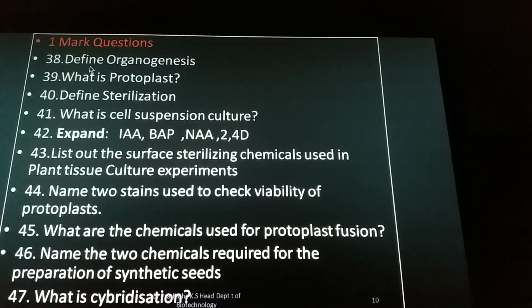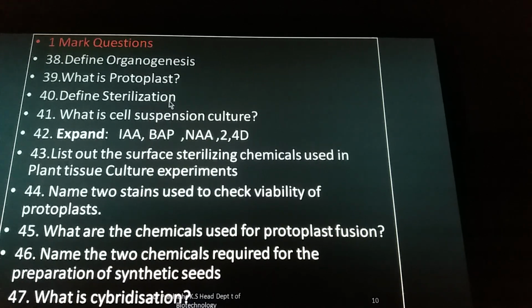38th question. Define organogenesis. What is protoplast? Define sterilization. What is cell suspension culture? Expand IAA, BAP, NAA, 2,4-D. List out the surface sterilizing chemicals used in plant tissue culture experiments.